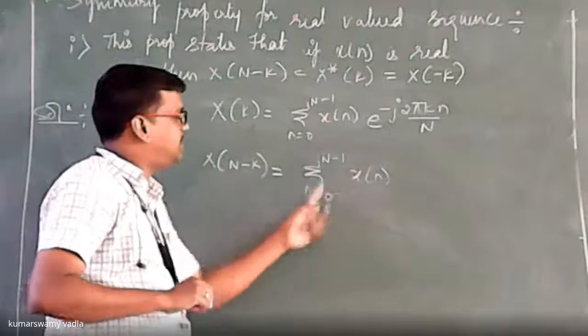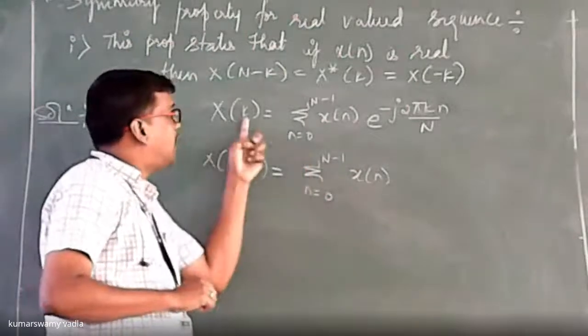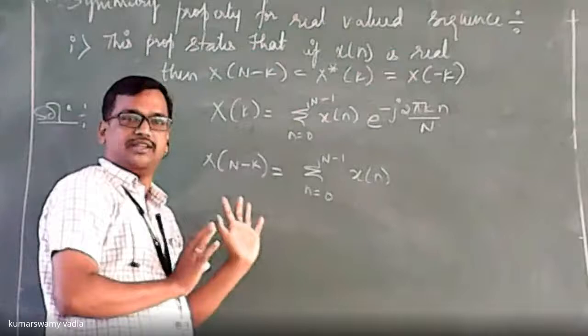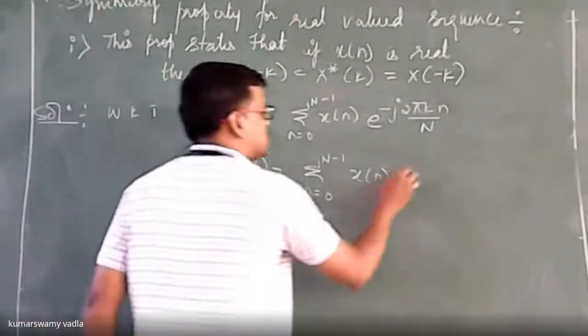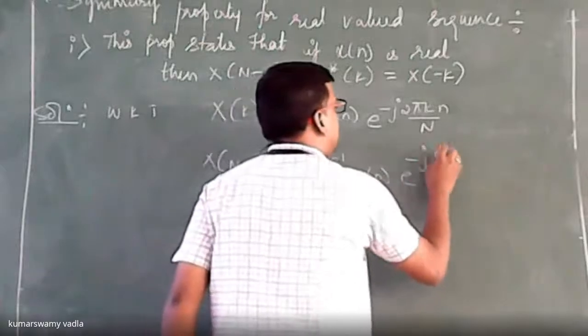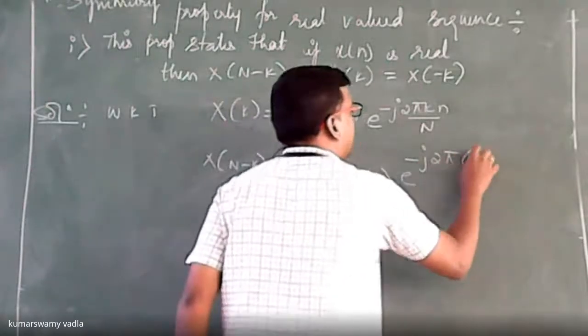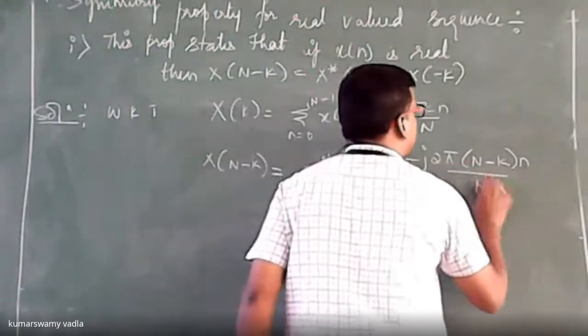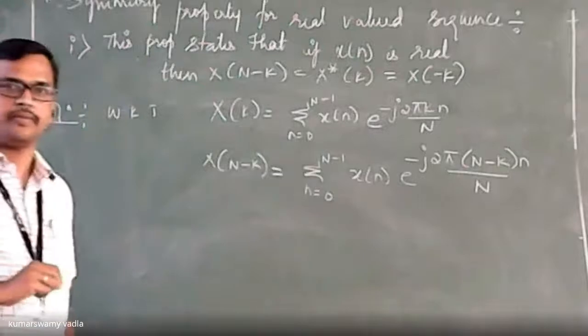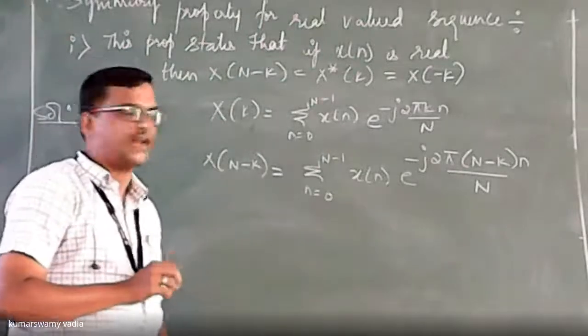These terms will remain the same because I replaced only the k term, only k with N minus k. So e power minus j 2 pi (N minus k) small n divided by capital N. Is the point clear here, friends?